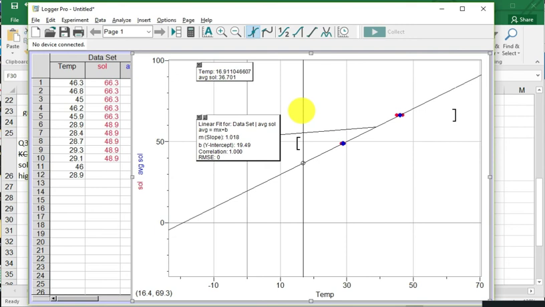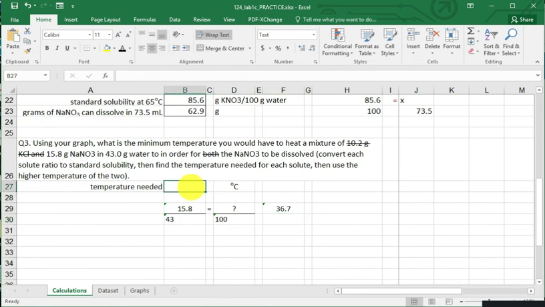So 16.9. Now, I could have also done that by just trying to find 36.7 along here if I'm using my graph in Excel, and then coming up to the line and then going down and interpolating what that is. So let's see, I think it was 16.9.